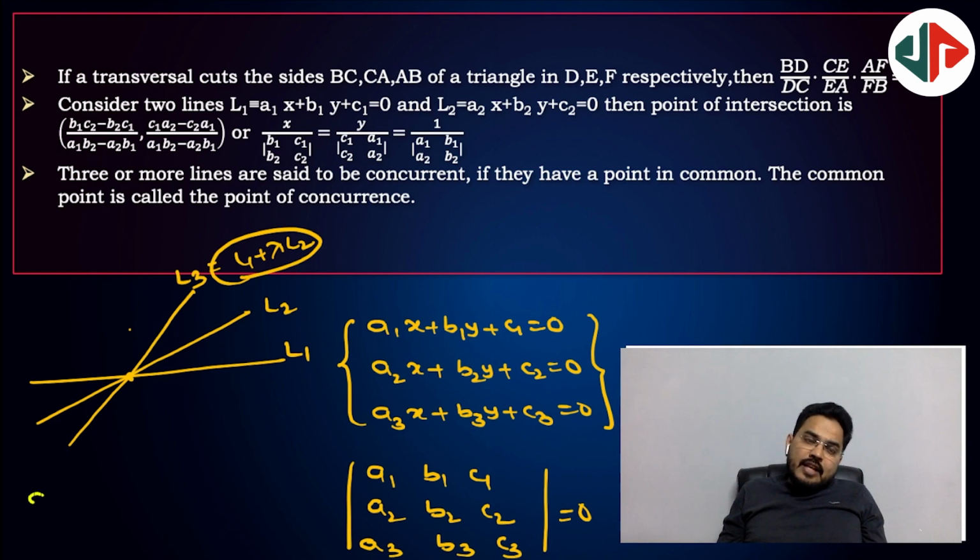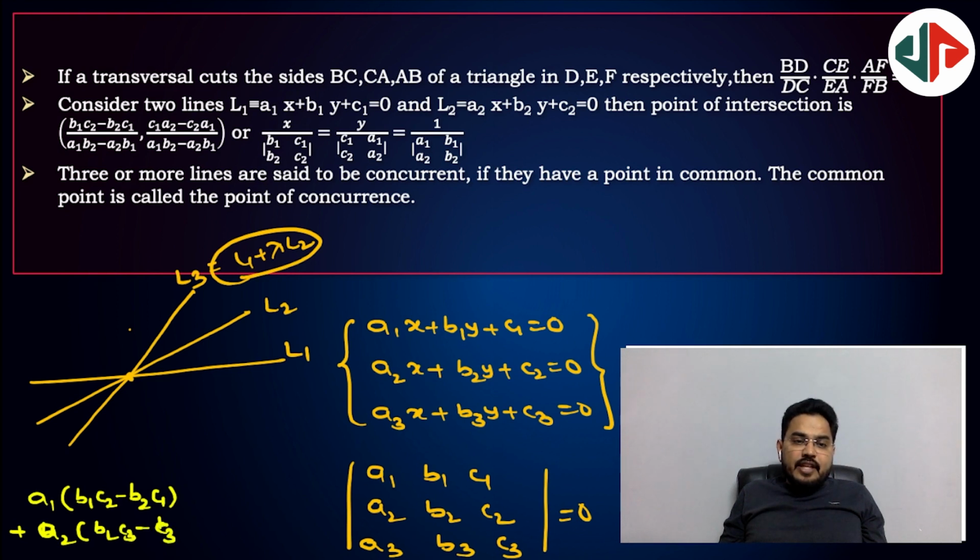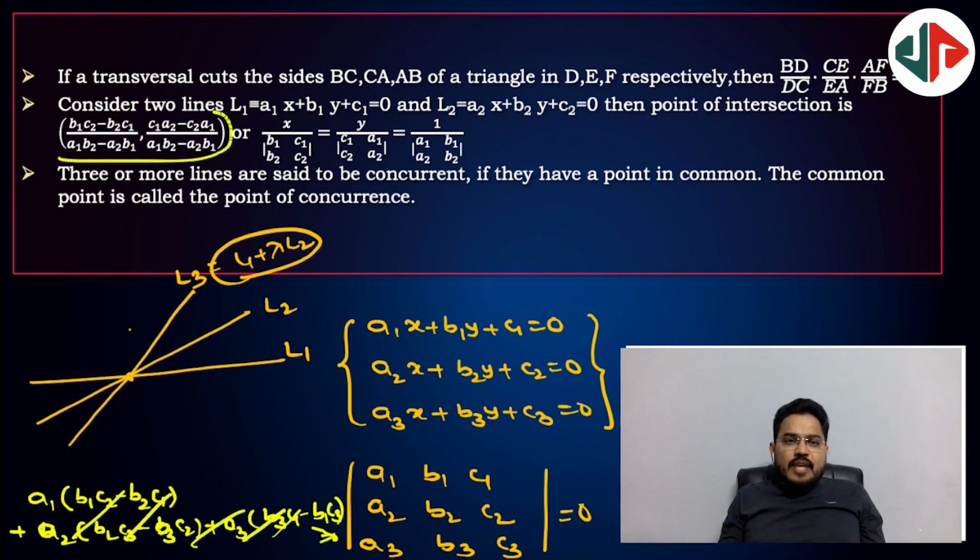Or you can also do it like this: A1 into B1 C2 minus B2 C1 plus A2 into B2 C3 minus B3 C2 plus A3 into B3 C1 minus B1 C3 is equal to 0. Instead of taking this one, the point of intersection of the first two lines is this one.